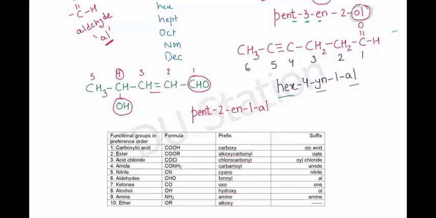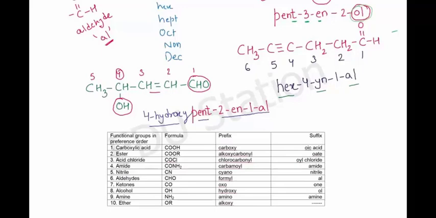Now this hydroxy is present on 4th carbon, so it will become 4 hydroxy pen-2-en-1-al. Now this means every group is going to have two names, one when it is preferred and the other one when it is not preferred.